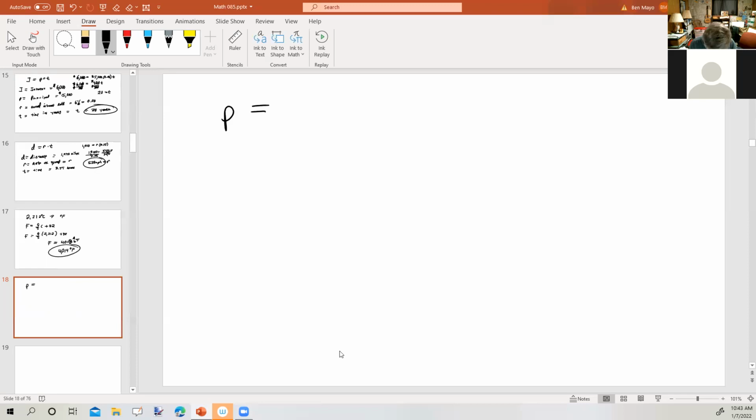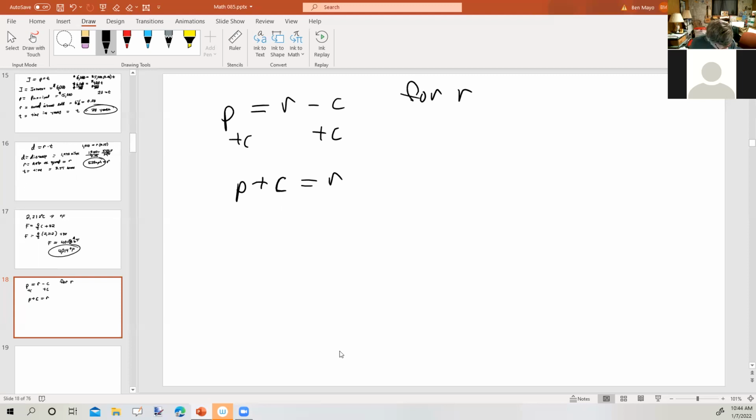P equals R minus C, and we are to solve for R. So we want to write the formula such that R is all by itself. Well, if I add C to both sides, I get P plus C equals R. Oops, I should have written solve for R. So we've solved this equation for R. Any questions about that?